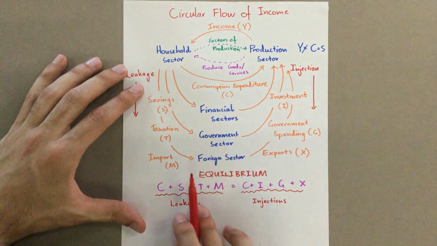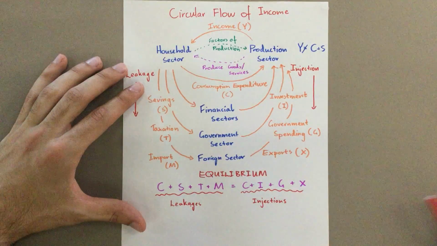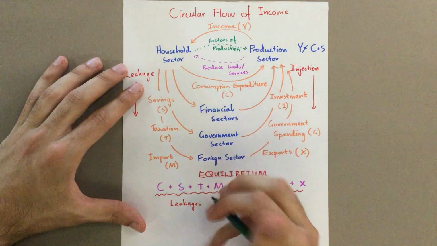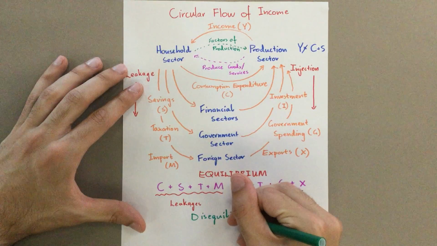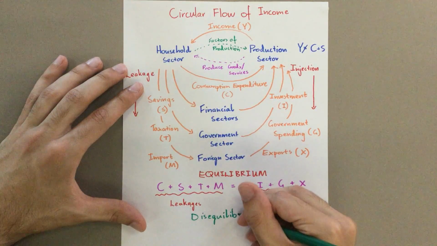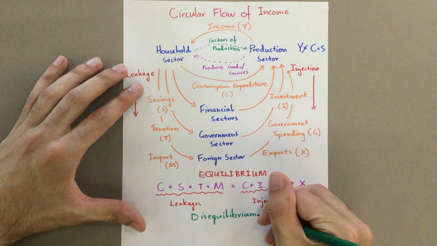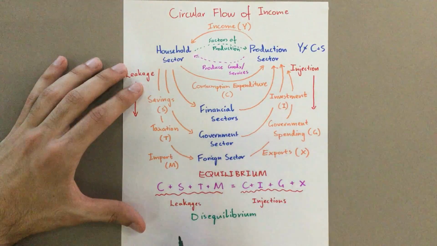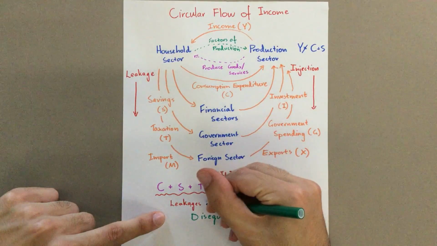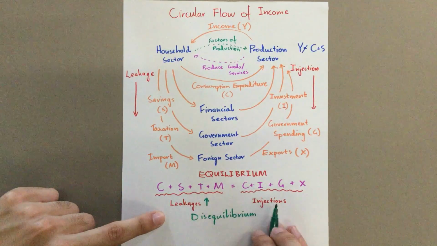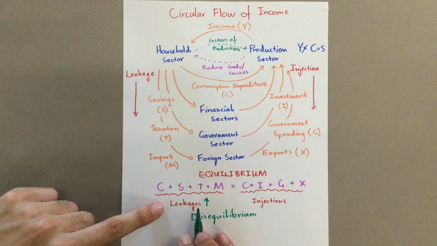To finish this off, we can have two forms of disequilibrium. And the two forms of disequilibrium, they occur for two different reasons. So let's say leakages are greater than our injections, so more money is being lost.